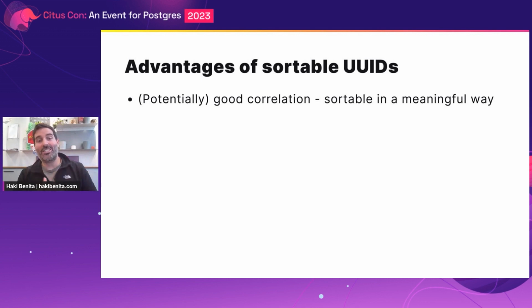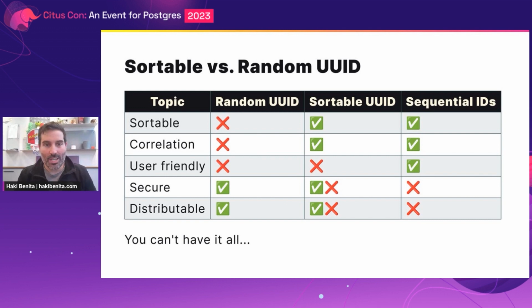The advantage of sortable UUIDs as opposed to random UUIDs is that they have potentially good correlation, meaning I can actually sort the table by the UUID in a meaningful way. So just to recap the difference between sortable and random UUIDs, the correlation of random is bad, for sortable UUIDs it is good, as well as for sequential IDs.